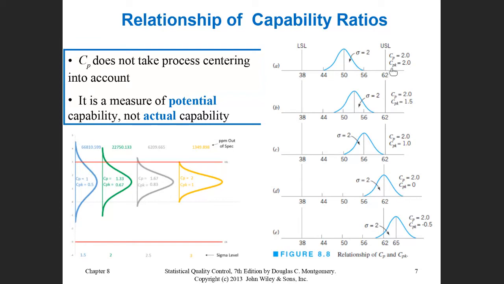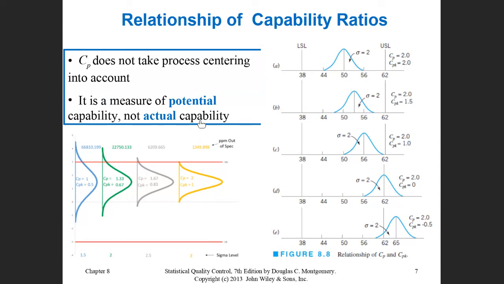But when we have the CP and the CPK high, that means the process is centered and at the same time has low variability. Therefore, the CP by itself is not considered to make the process capable, but there is a potential for capability; it is not actually capable.